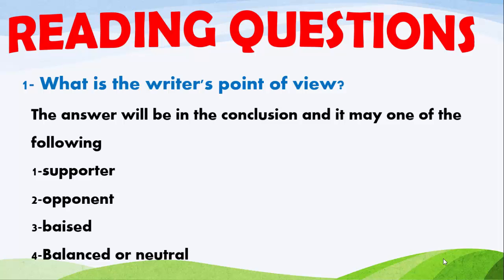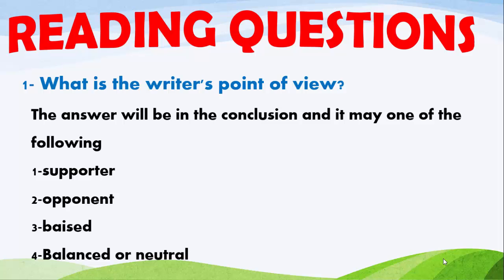The writer may be a supporter of the issue or the case, and supporter means he agrees with this point of view. He agrees or he supports this point of view. Or the writer may be an opponent. Opponent means he refuses the point of view.